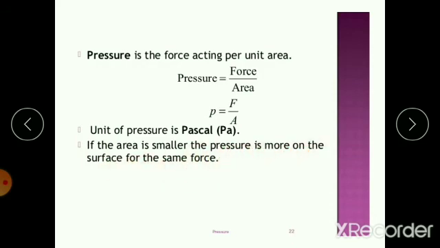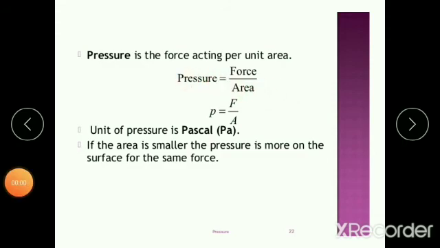You are exerting the same force on the mattress, but when you are lying, it will not sink more, but when you are standing, it is sinking, right? Because of the area. So pressure is more when the area is less. When you are lying down, you are occupying more area, right? So then the pressure is less.